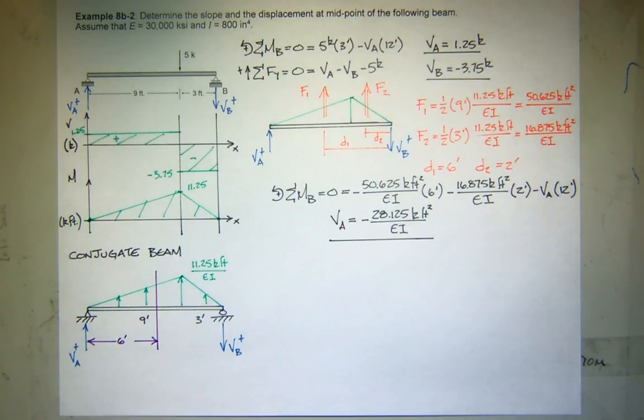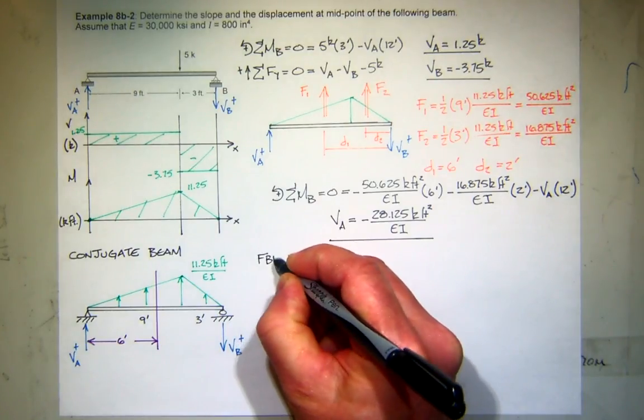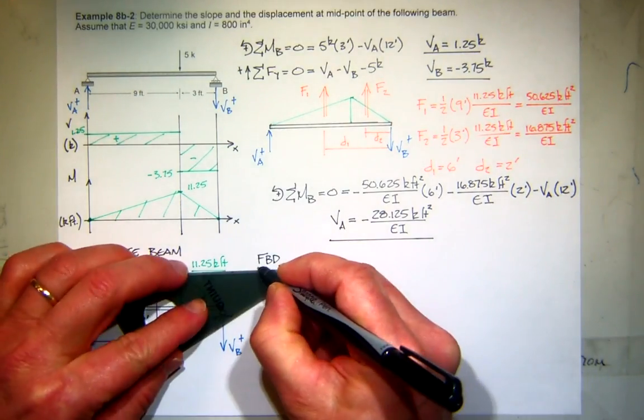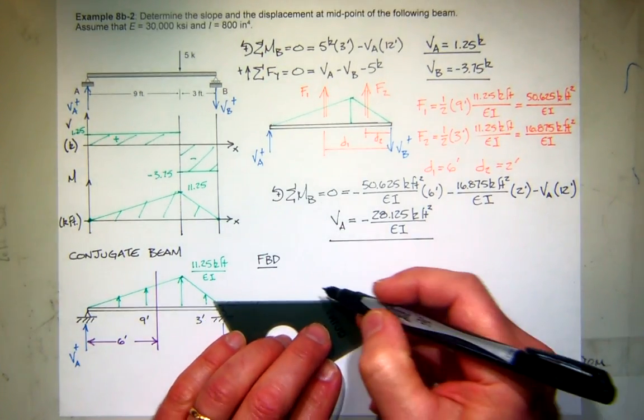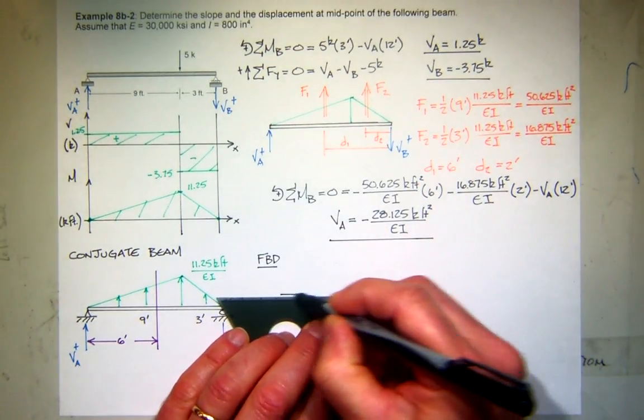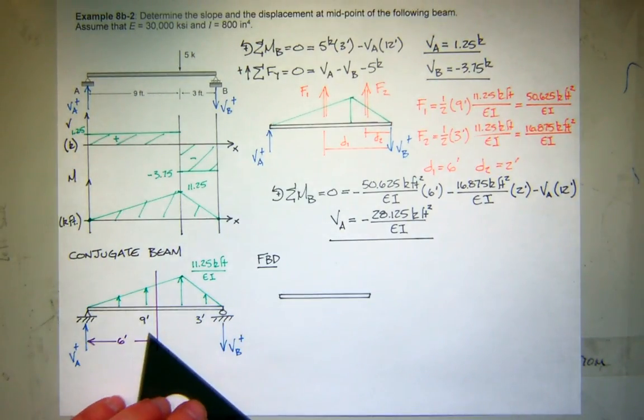Alright, now I can draw my free body diagram for the object. Remember, we're working the left-hand side. So let me draw that in. Looks like I'm going to run out of room here, so I'm going to have to get a different one.